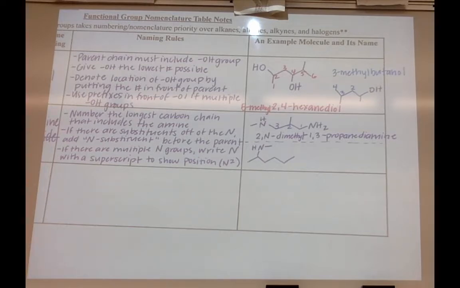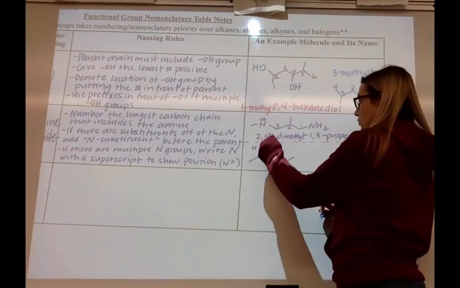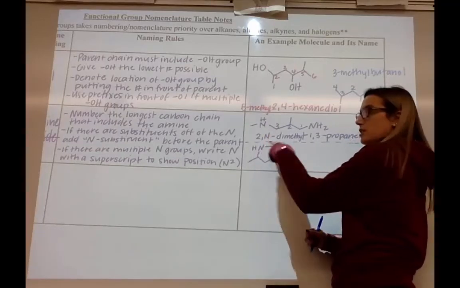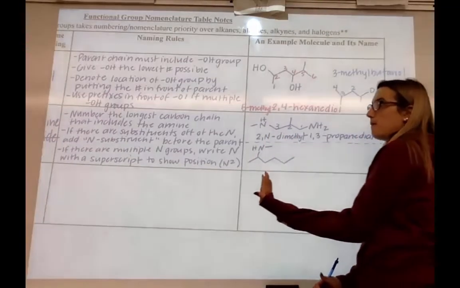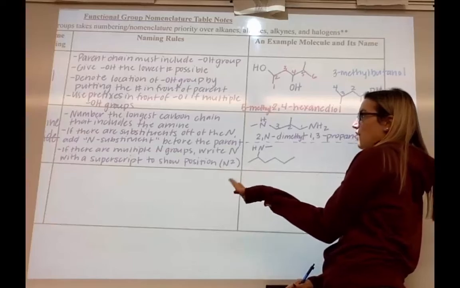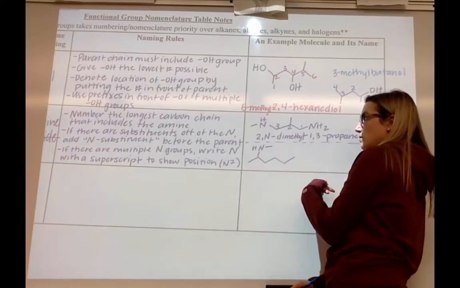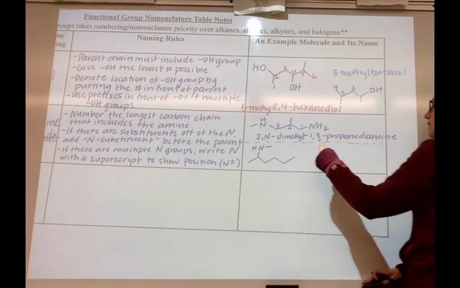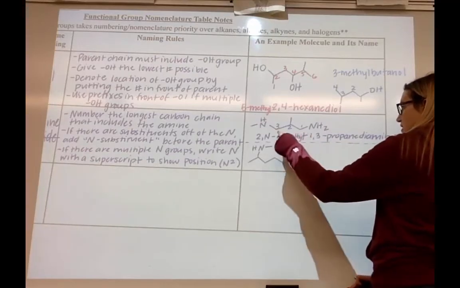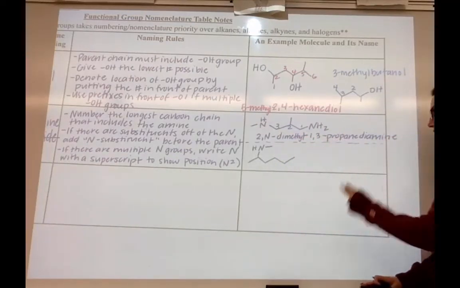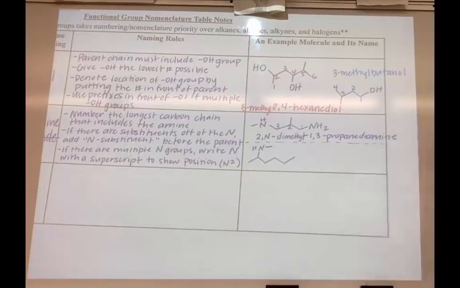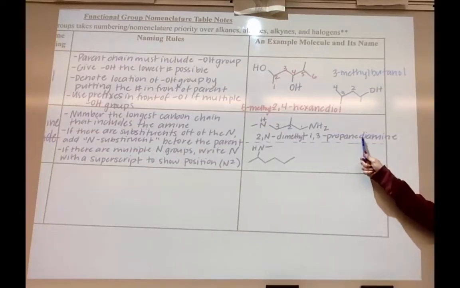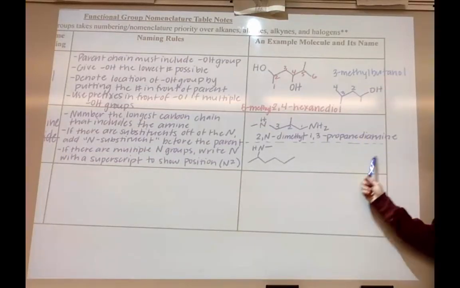So instead of like 2,2-dimethyl or 2,3-dimethyl, this N just takes the place of a number. You're saying that it's off of the nitrogen. Then dashes, right, between our designations, just like we would normally have. Diamine means we have 2 nitrogens.